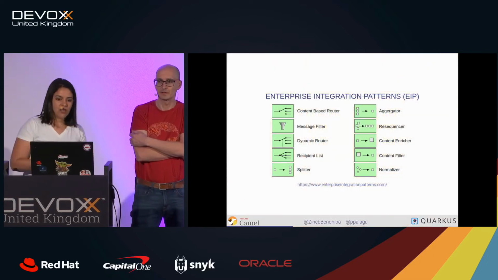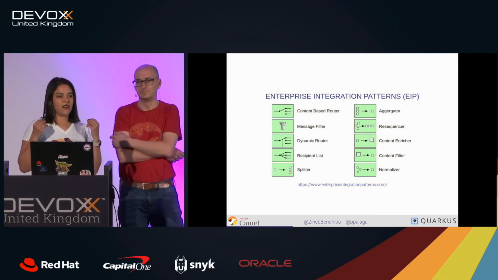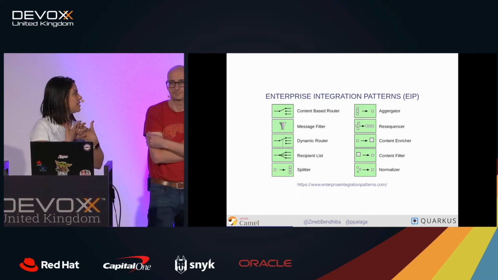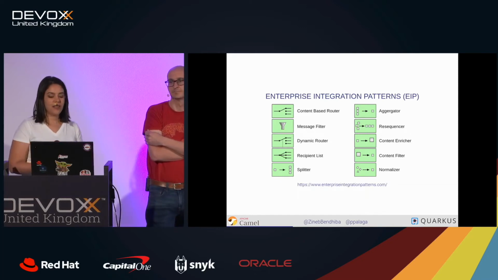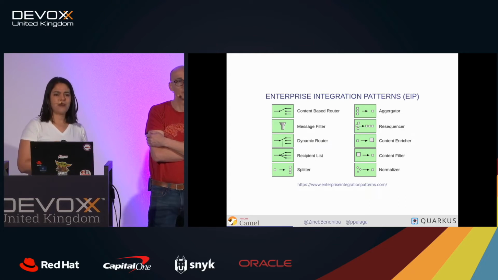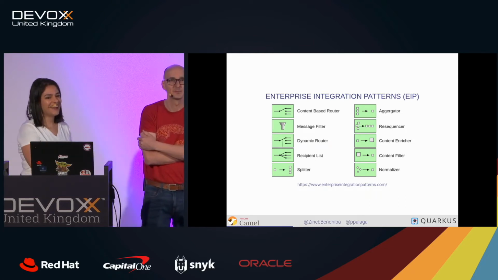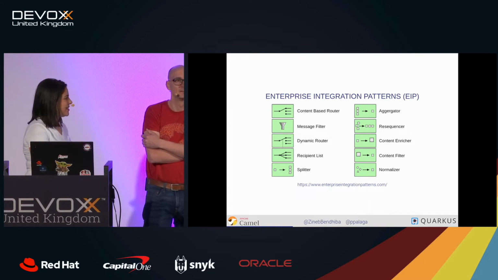And most of those kinds of operations are already described in the Enterprise Integration Patterns book that was written before Apache Camel. By the way, who of you knows when Apache Camel started? It was, I think, late 2007.